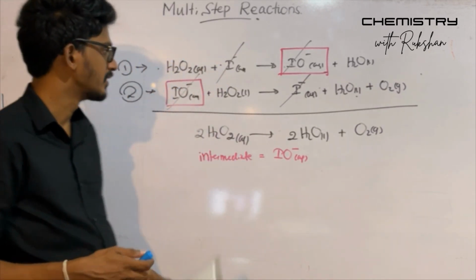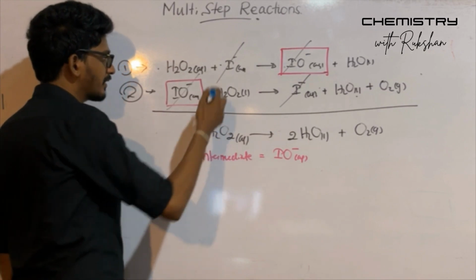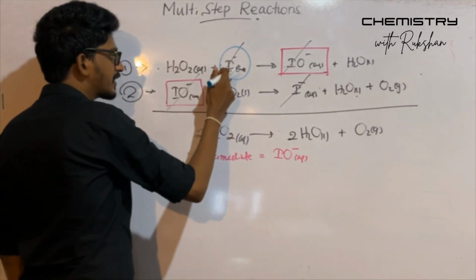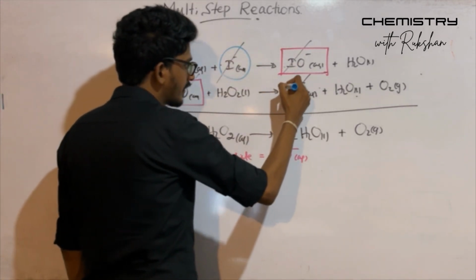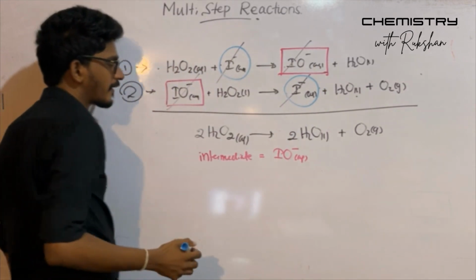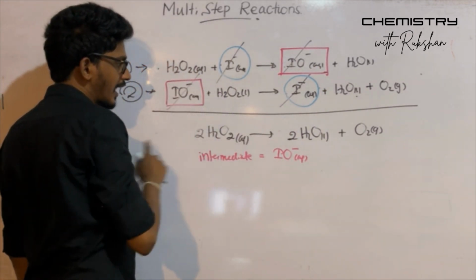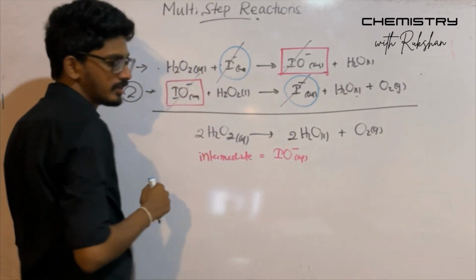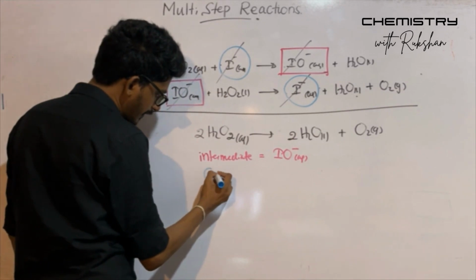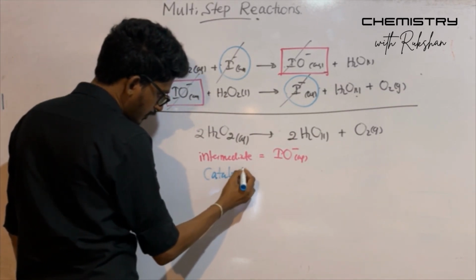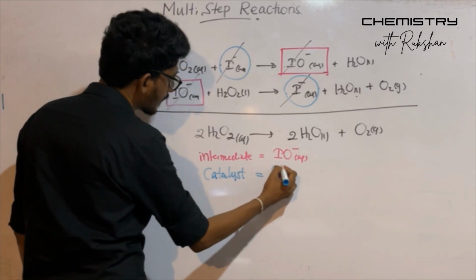Such a thing appears here. That is the I minus, which is consumed first and then regenerated in the same amount. One molecule is consumed and one molecule is produced as well. So the I minus AQ is your catalyst.